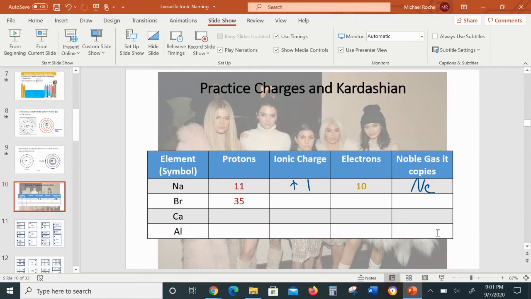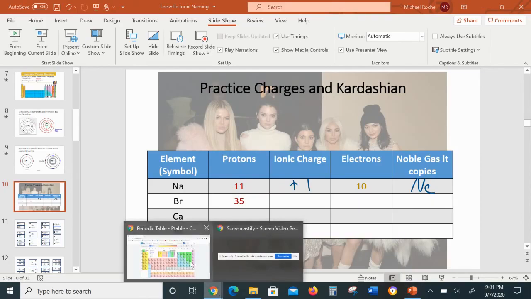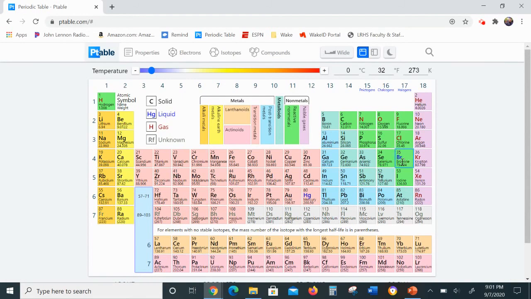So let's look at bromine. Bromine, I tell you, is number 35. So we can go right to the periodic table. Here's number 35. What's bromine going to do? Is it going to go forward to be a Kardashian, or is it going to go backwards to be a Kardashian? It's going to go forward and become like krypton, right? So bromine's going to gain 1 electron, become like krypton.